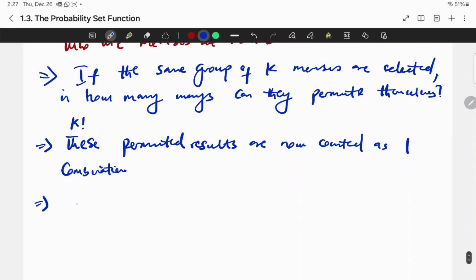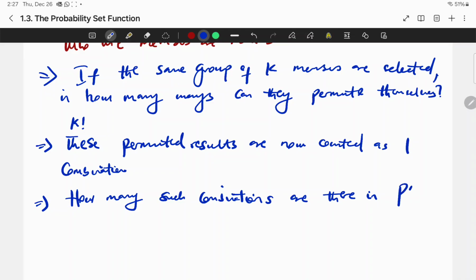Okay, so the next question now is how many such combinations are there in the P(n, k) permutations?